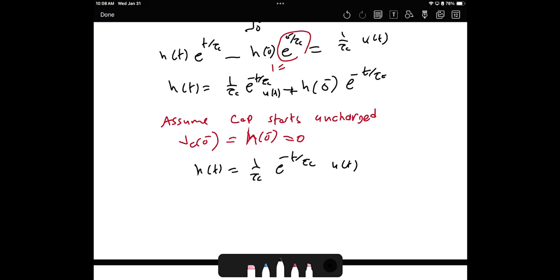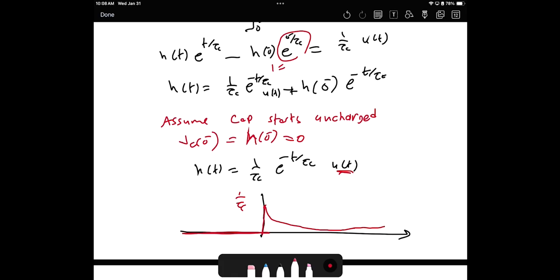So the response, if we need to plot it, we will start from t equals 0 because we have u of t. So here t equals 0. Then, since it's exponential, it will be at 1 over tau c. Then it's decaying because it's a negative exponential.